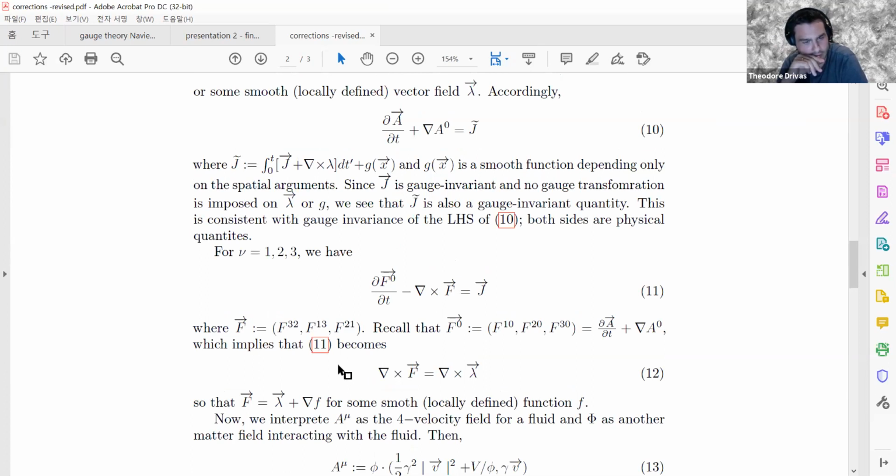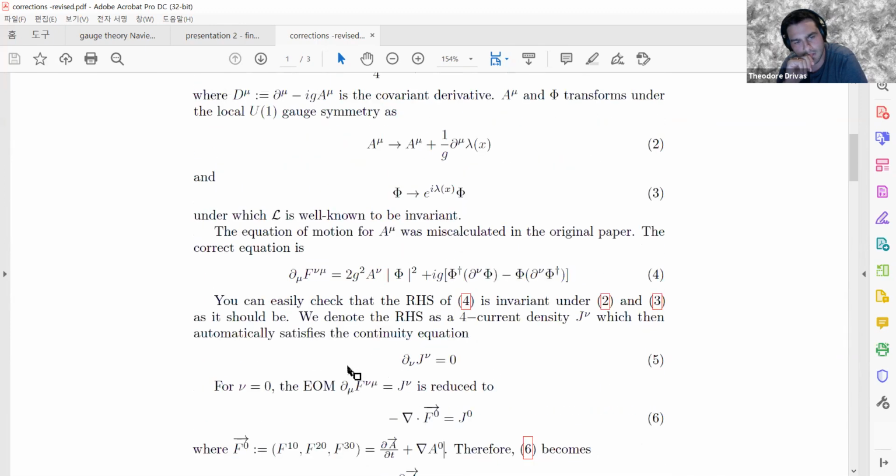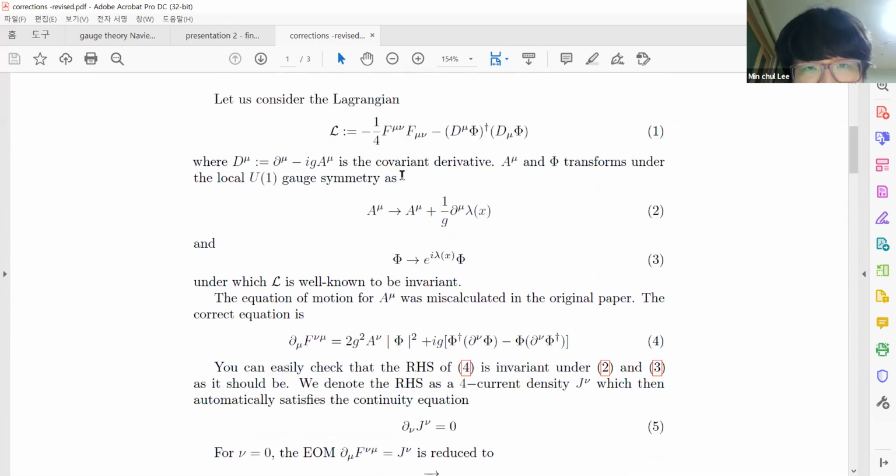But your Lagrangian encodes an external force? Yes, F and A will be interpreted as the velocity field of the fluid, and this phi will be interpreted as the external matter source, external source of force.